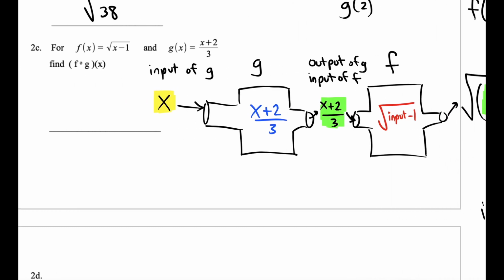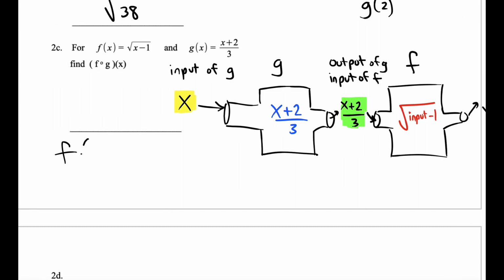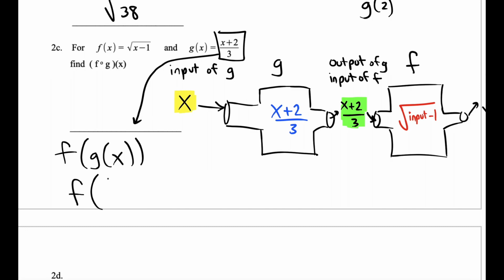And that's going to be our result of the composition. It's about taking one formula and basically substituting it into another formula. So if you want to do it without the machines even, what you could do is we're finding f of g of x. So just take that formula for g of x and put it in the parentheses. So you're basically finding f of x plus 2 over 3.